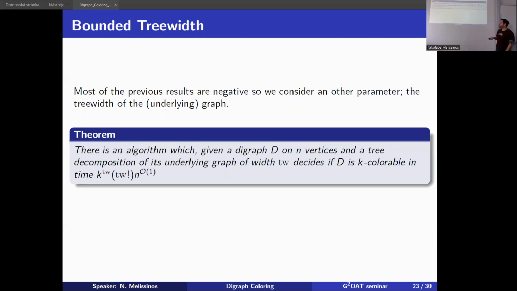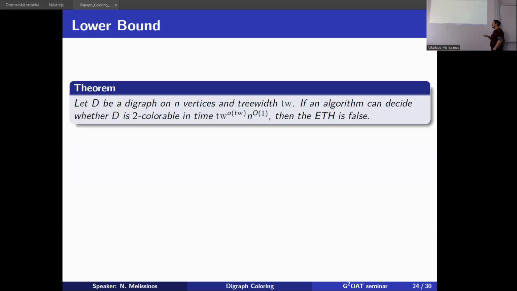So we considered whether we can reduce this running time, because this treewidth factorial there is really irritating. There is no reason for it to exist. However, we saw that this is not possible.